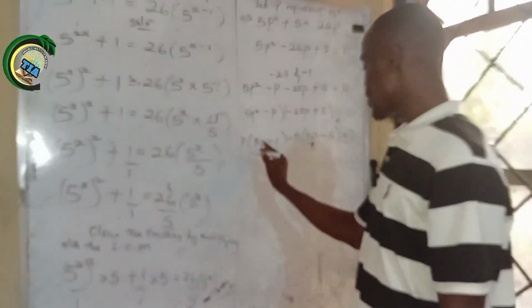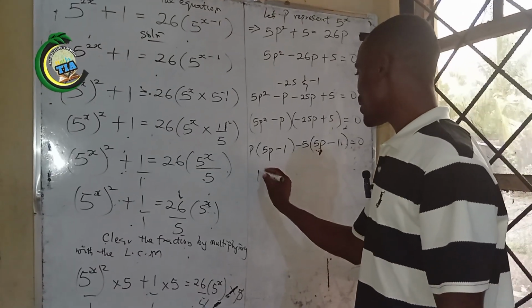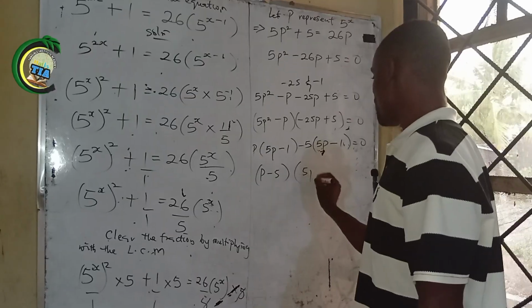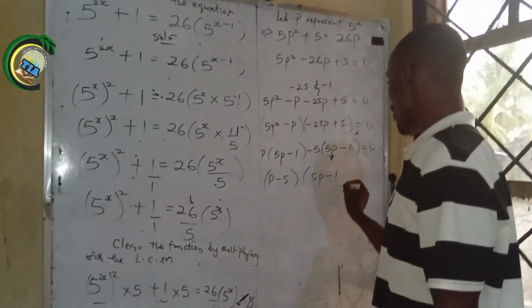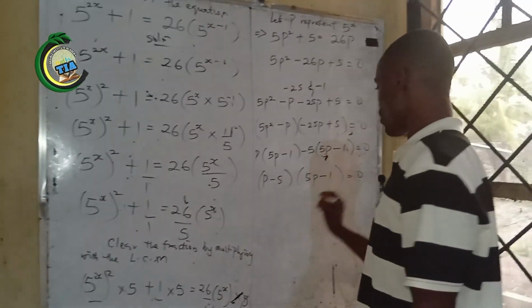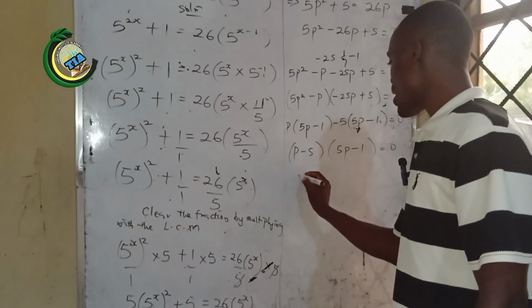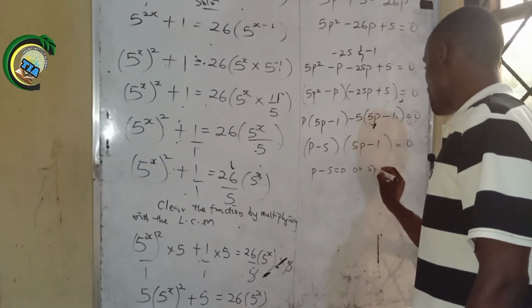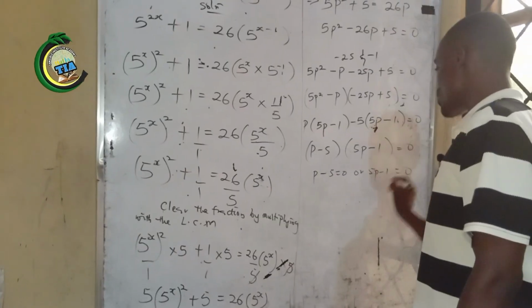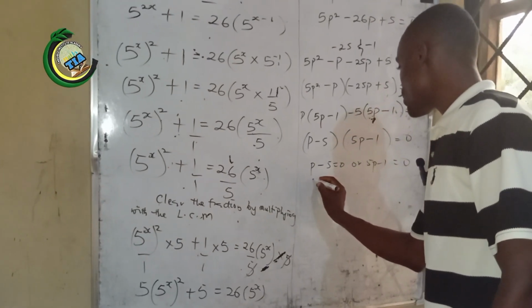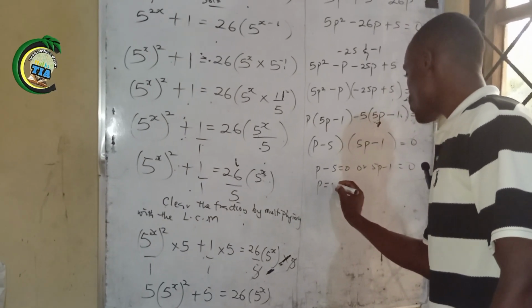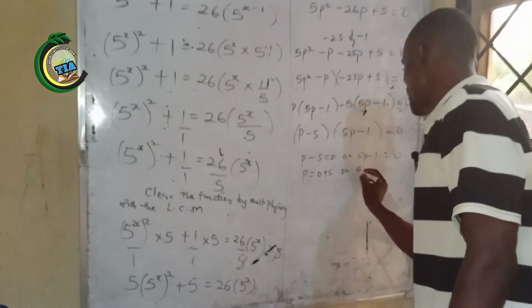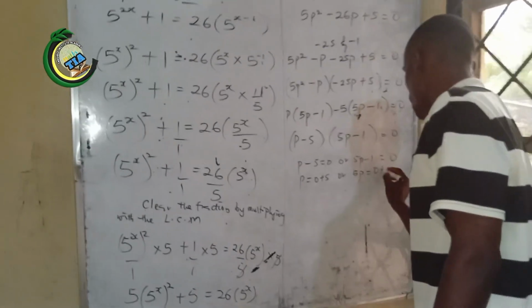Then at this point we have p minus 5, and then we have 5p minus 1 equal to 0. So let us equate it. So we have that p minus 5 is equal to 0, or 5p minus 1 is equal to 0. So p is equal to 0 plus 5, or 5p is equal to 0 plus 1.